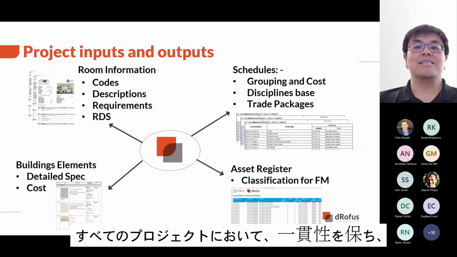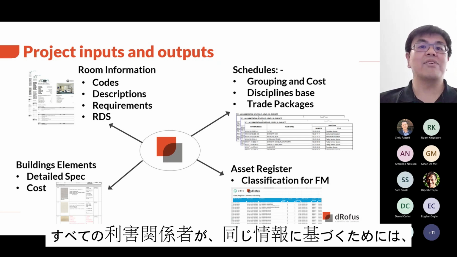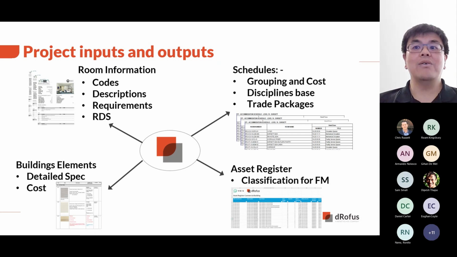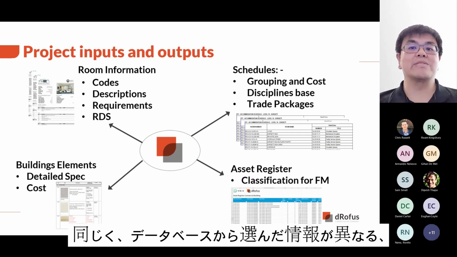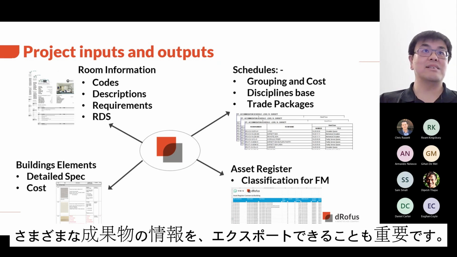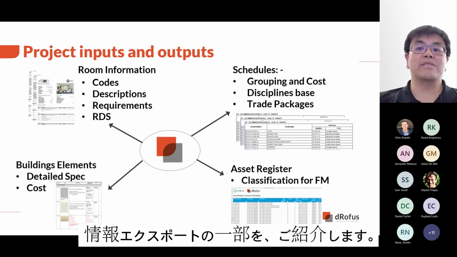For all projects, collecting data collaboratively is important for consistency and having every stakeholder relying on the same information. Equally, it is also important to be able to export information for various deliverables that have different information selected from the database. And here we've got a small selection of information exports that can be created from dRofus.